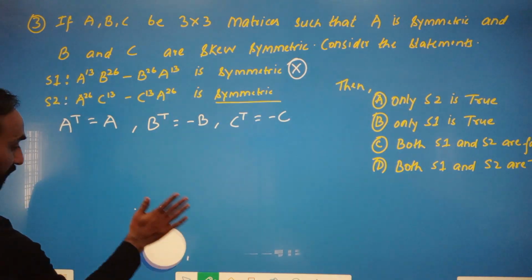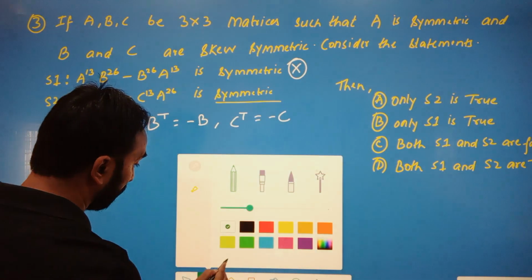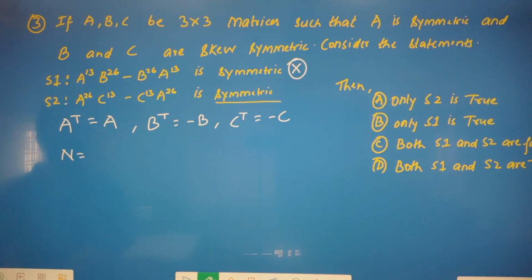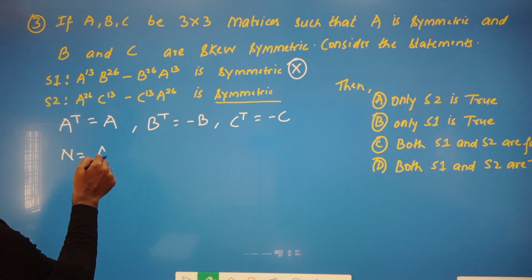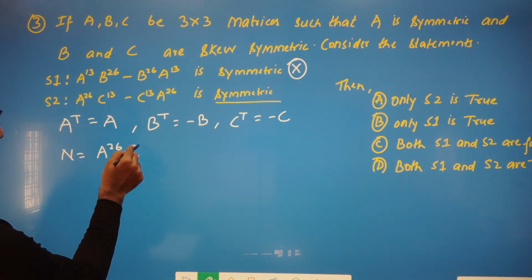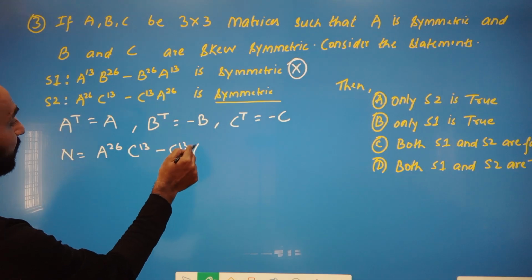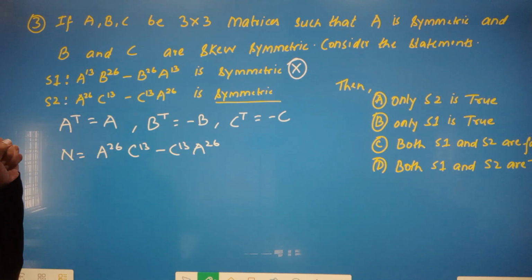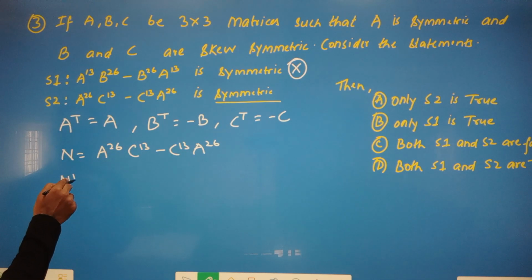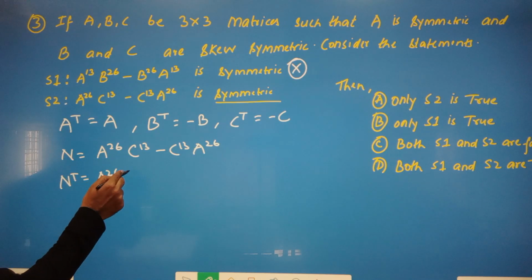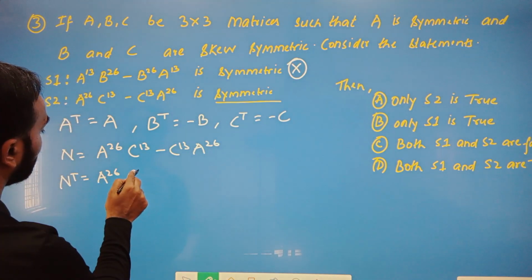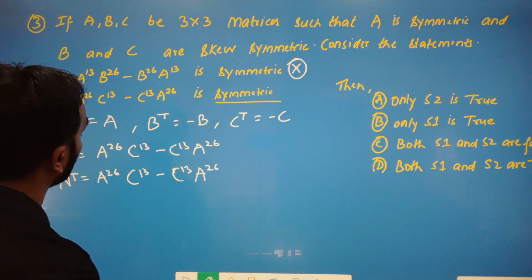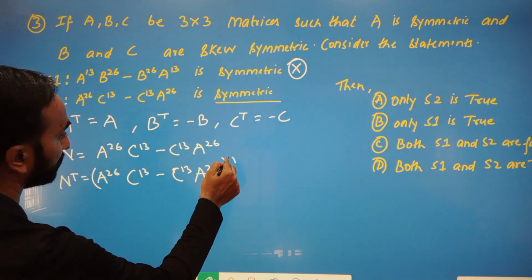In the first case I considered the statement as M, so now I am considering the statement as N. Statement 2 is given as A26 C13 minus C13 A26, and I am taking the transpose.